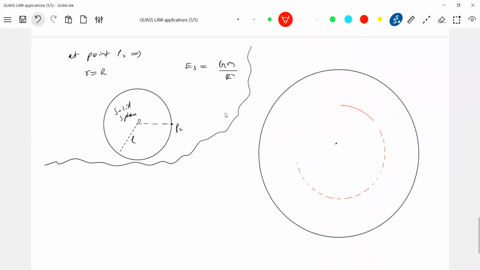Why a spherical Gaussian surface? Because the mass is distributed symmetrically, no? So a spherical Gaussian surface will be most suitable for us. Okay, after getting this, what is the total mass of the sphere?